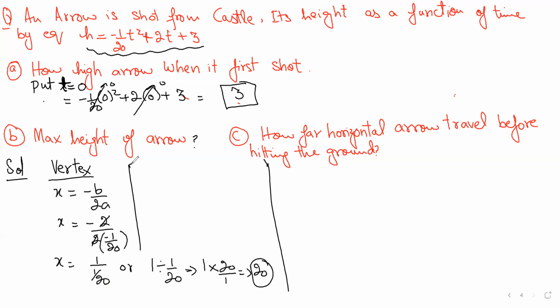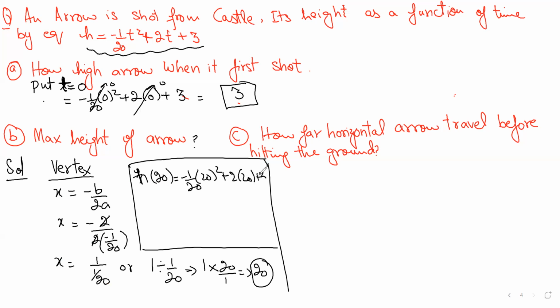I'm placing the value, so instead of h of t, I'm going to write h of 2, placing the value 2 instead of t. When I solve it, I will get 5. So 5 is the maximum height of the arrow.